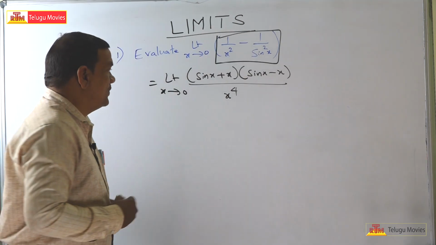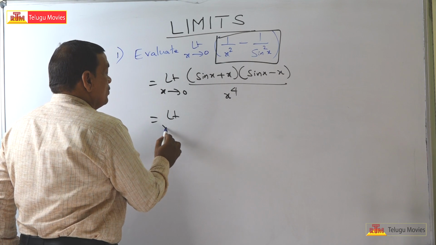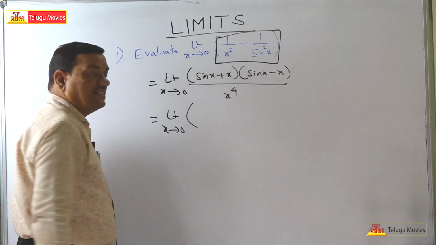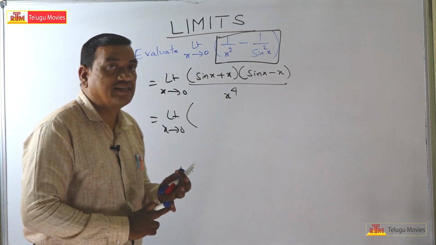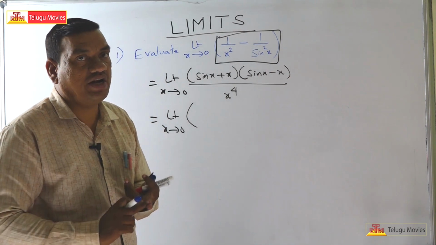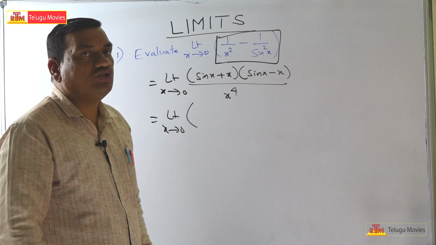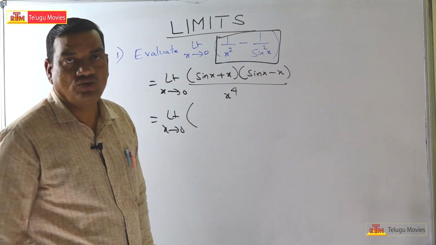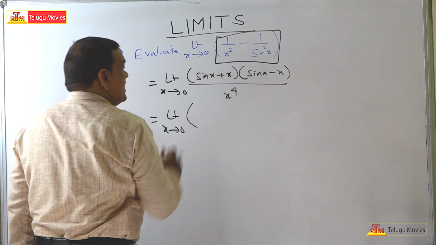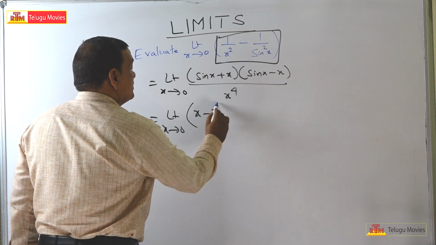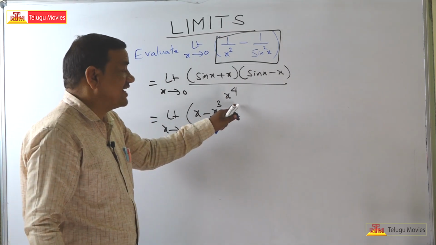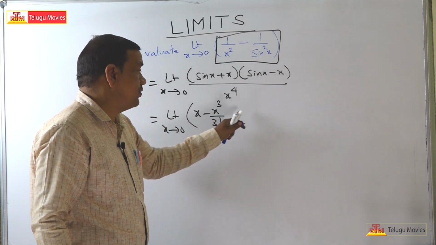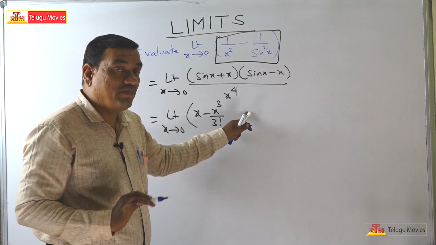See here, limit x tends to 0. The sin x expansion we know. Already I have given in the list of formulas the sin x expansion, cos x expansion, tan x expansion. Minimum those 3 trigonometric expansions you have to learn. So, the sin x expansion is x minus x cube by 3 factorial plus x to the power of 5 by 5 factorial minus x power 7 by 7 factorial.